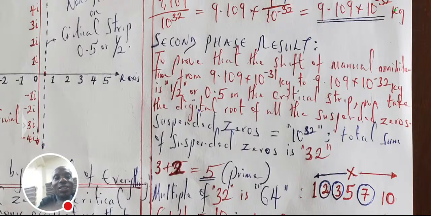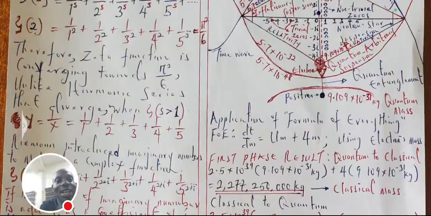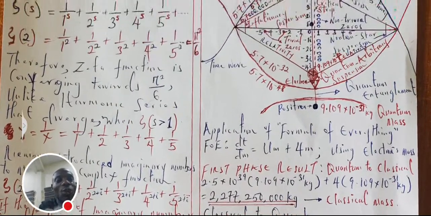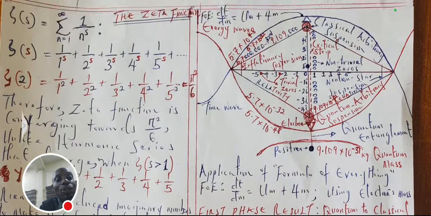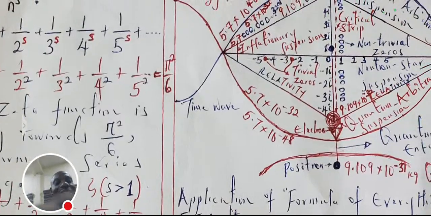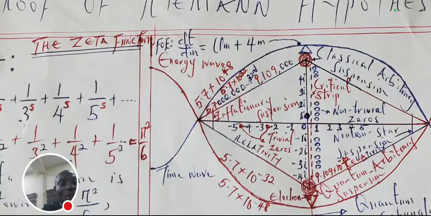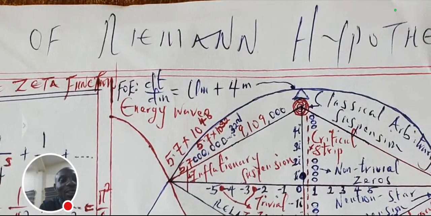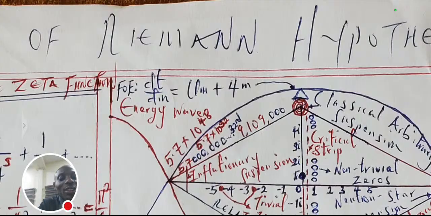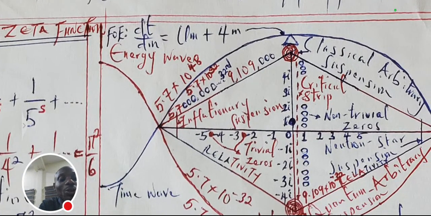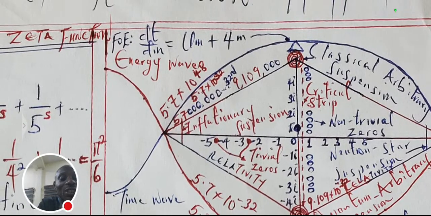So basically what this is telling us is that the electron cannot be instantiated until it is connected to the positron of the higher dimension. The positron of the higher dimension is not the exact positron of the electron, because the positron of the electron will be up here at the classical arbitrary, where we have this compacted equilateral triangle. The real positron of the substrate dimension of the electron will be instantiated right there.